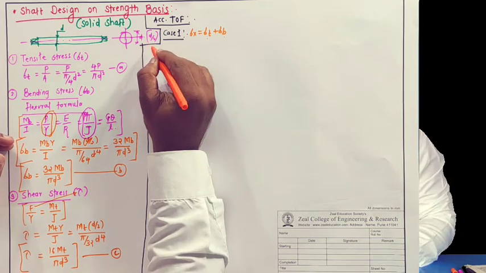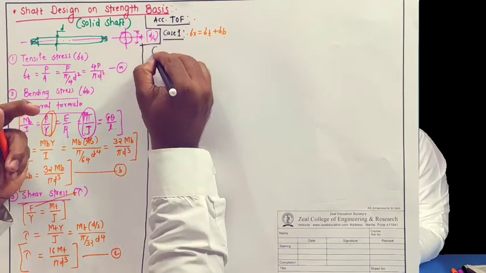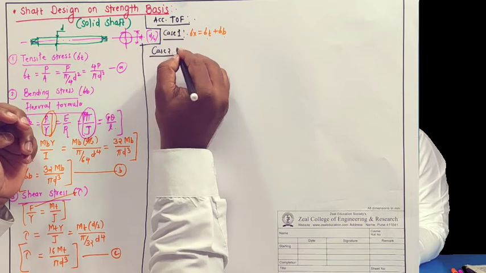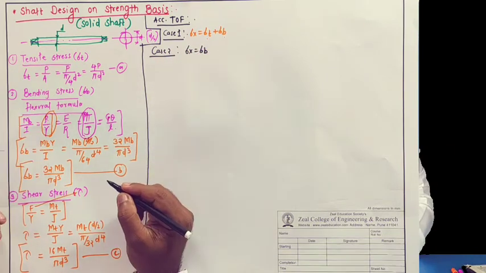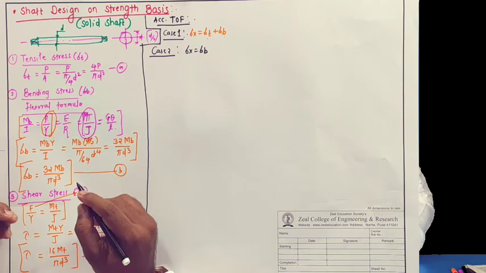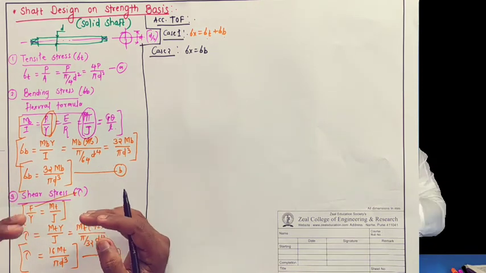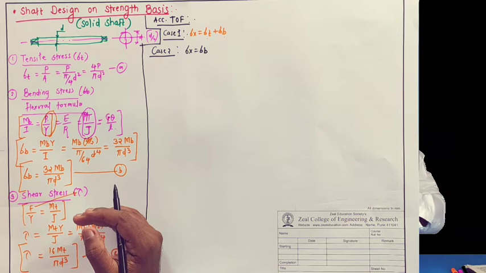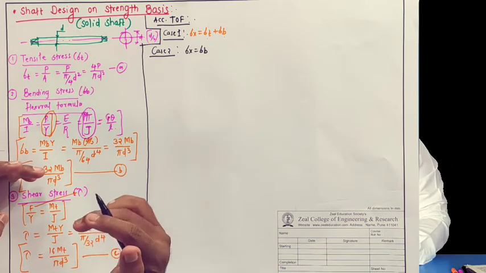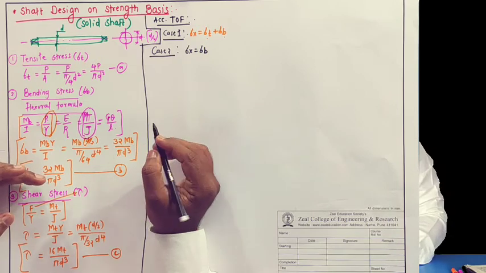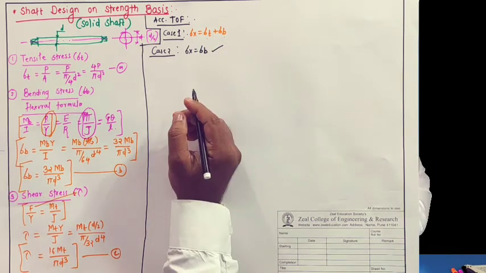Case number 2 suggests that sigma x is equal to sigma b, that is axial force is equal to bending. It includes the addition of bending as well as torsion. Correct? While designing, instead of case 1 and case 2, we will have to use case number 2.